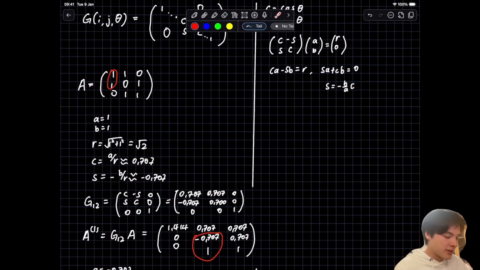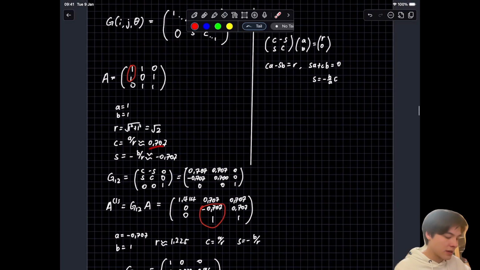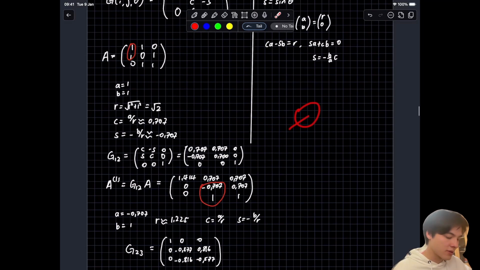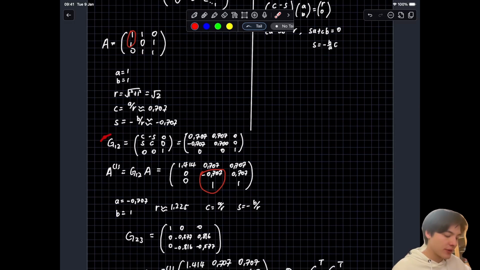So R is this, and C is A divided by R, which would be this, and the sine is minus B divided by R. You can think of it as the unit circle to get this formula. So our first Givens rotation would look like this: cosine, sine.